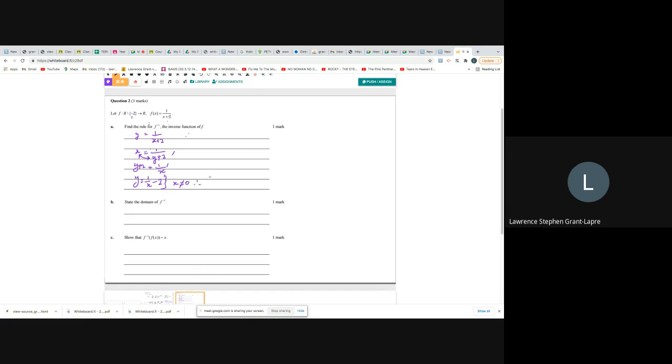So therefore, the inverse function, we can have all of our real numbers except the number 0. And that maps to real numbers, which is the inverse function is equal to 1 over x minus 2.